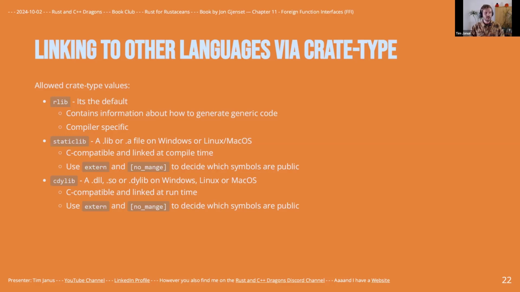But there are other options like staticlib and cdylib, which are static libraries as they were used in C and C++, and dynamic libraries. So you see them with .a or .so on Linux. And what you have to do is change the crate type in your Cargo.toml.